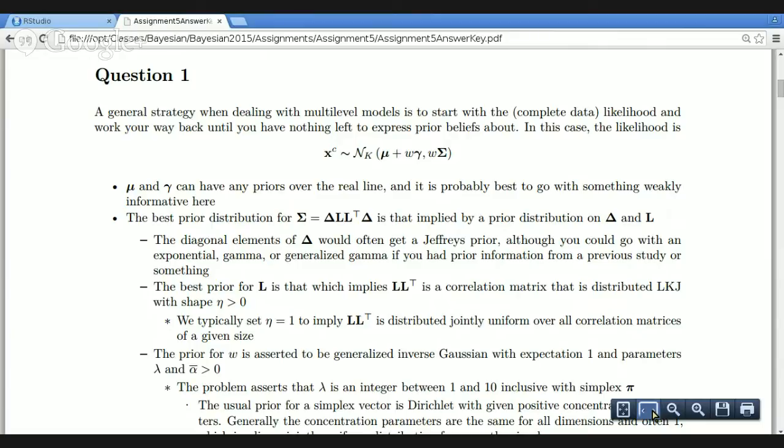in the conditional likelihood. And so starting with mu and gamma, those two are vectors and they can be any real numbers. And so, typically we would go with something weakly informative here.